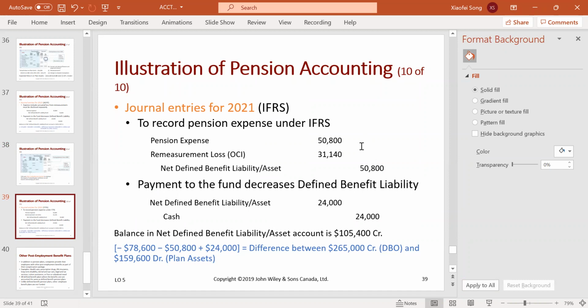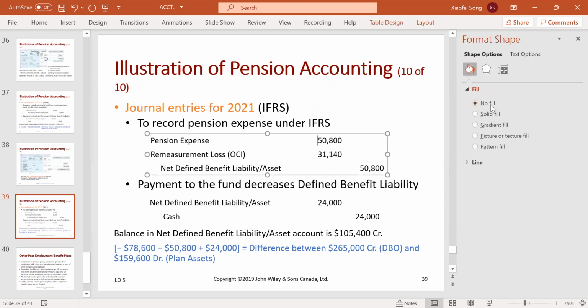Oh, that's not right. Should it be 20, 46? Yeah, no, 66. Oh, yes, that's 31, 19,900. Let me add up here.